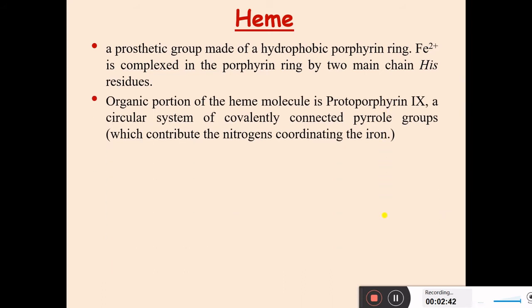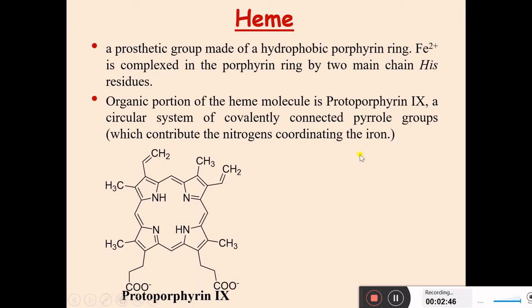The organic portion of this heme molecule is protoporphyrin 9, which is a circular system of covalently connected pyrrole groups which contribute these nitrogens in order to coordinate with iron.